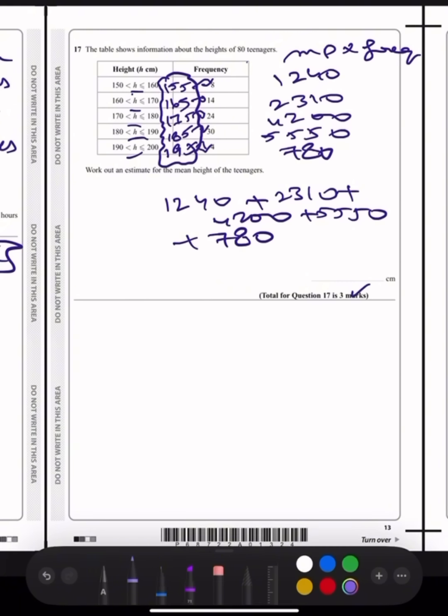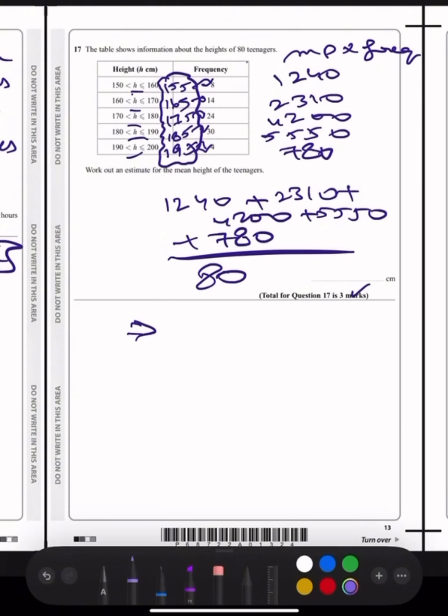What we really do now is add up the frequencies. So we add up 8, 14, 24, 30 and 4, which gives us an answer of 80. So when we need to find the mean, we add these up and divide by 80.